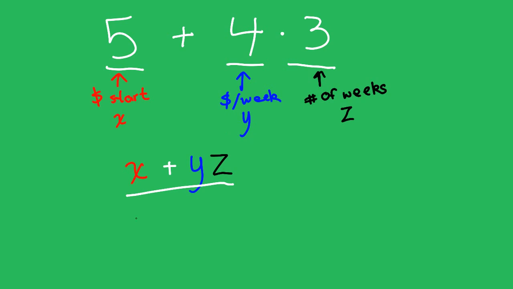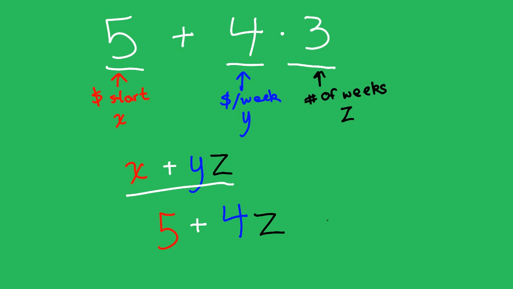So then we could say 5 plus 4 times z, where z is the number of weeks you've been saving. In this case, you plug in different values for z, and you calculate different values corresponding to the amount of money you'd have after z number of weeks.